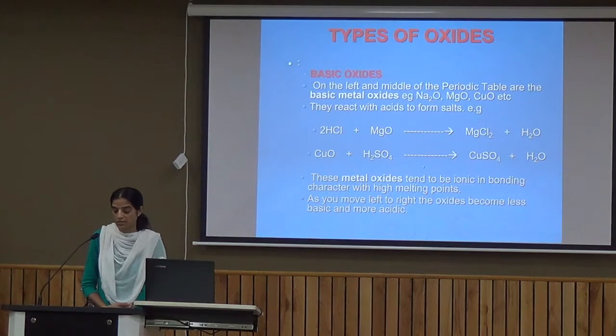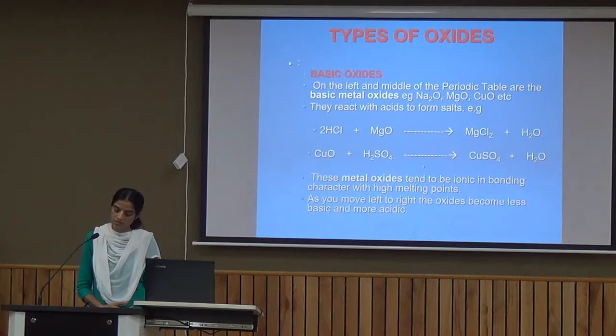These are basic oxides as they are metallic oxides, and we know metallic oxides generally are basic in nature. So when they are basic in nature, they are bases. When they react with acids, what will they form? Definitely salt and water. This property of basic oxides is well indicated by this reaction: these oxides react with acid to form salt and water. So definitely these oxides are basic in nature.